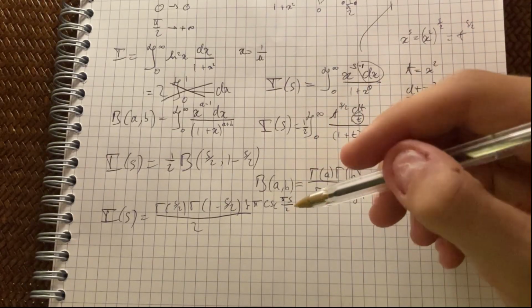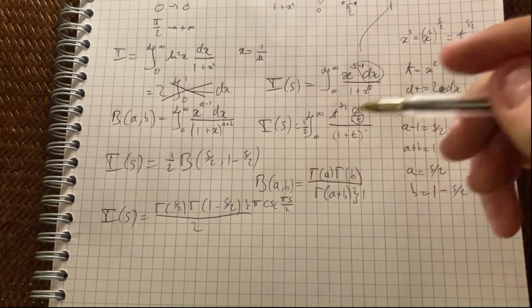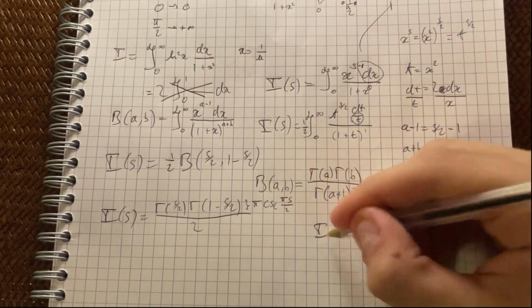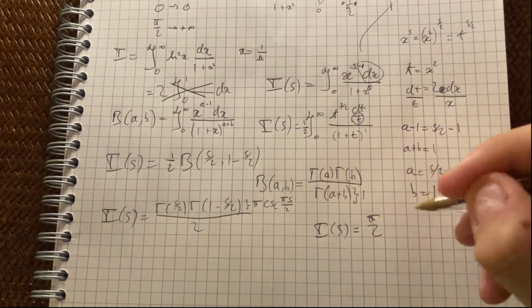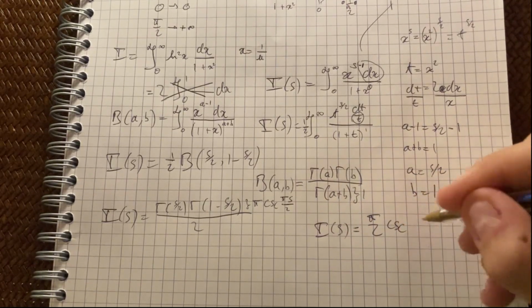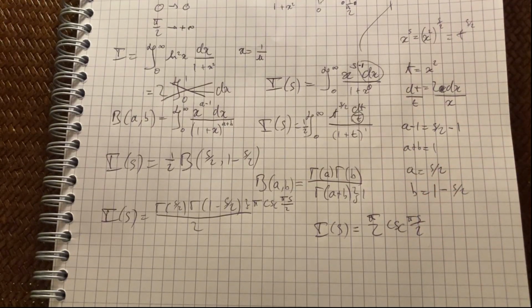I won't prove it right now, but it is a very important relation again. So our function I of s is nothing but pi halves times cosecant pi s by 2. So okay, we have our function I of s, and we need the particular case.